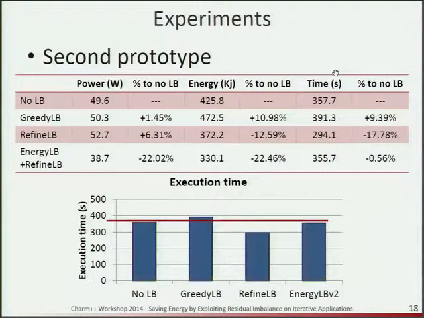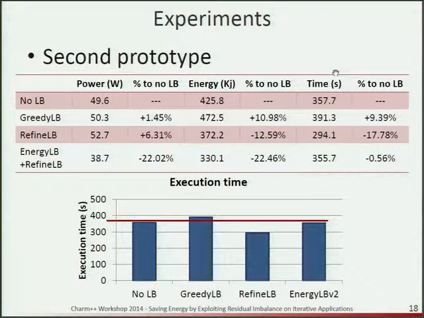However, when we focus on the execution time, we see that Greedy LB is increasing the total execution time. Refine LB is actually reducing it by 17%. But our approach here was not able to really improve the total execution time of the application.